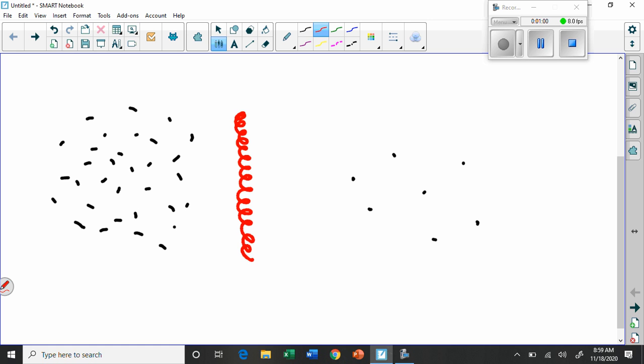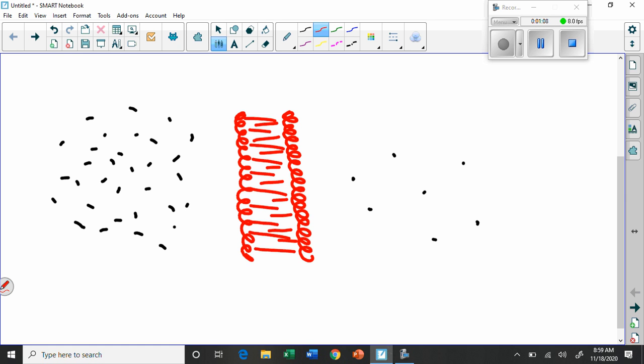So if I put a membrane in between here, like the inside and the outside of a cell, this is my short form for drawing a membrane, right? We all know what that really represents from yesterday. Then these black dots on the left side where it's high concentration might want to move to the right, but maybe they can't because they can't get through the membrane, right?